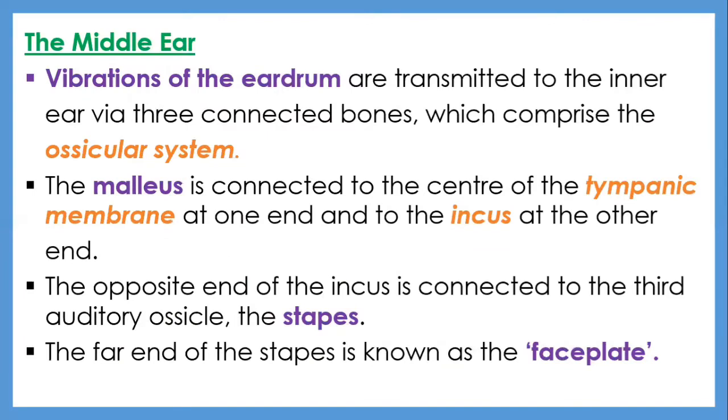And here, vibrations of the eardrum are transmitted to the inner ear via three connected bones, which comprise the ossicular system. And second, the malleus is connected to the center of the tympanic membrane at one end and to the incus at the other end.